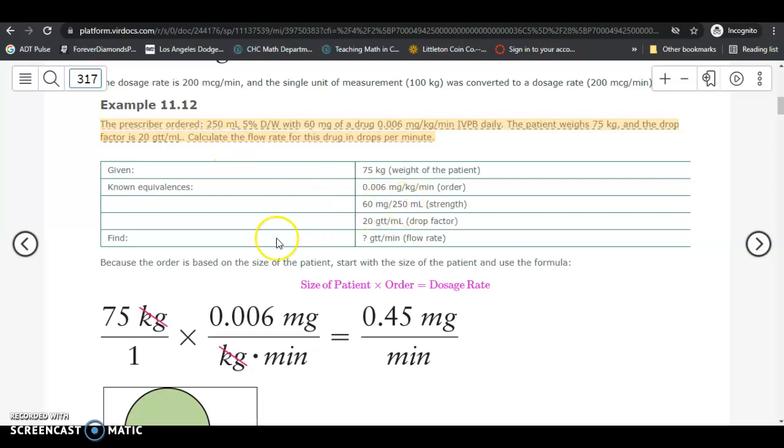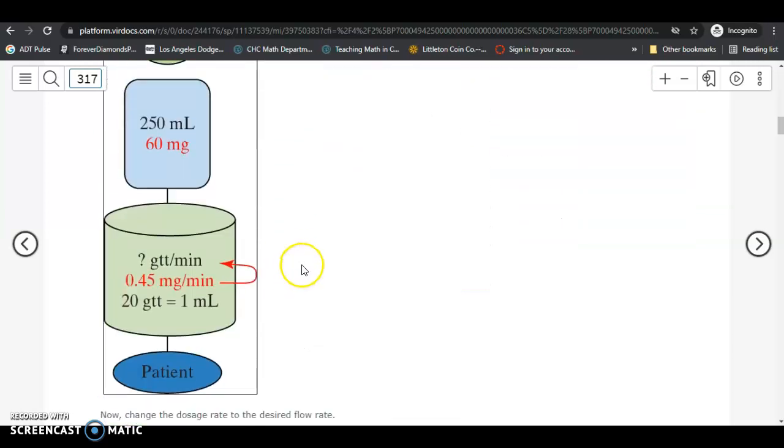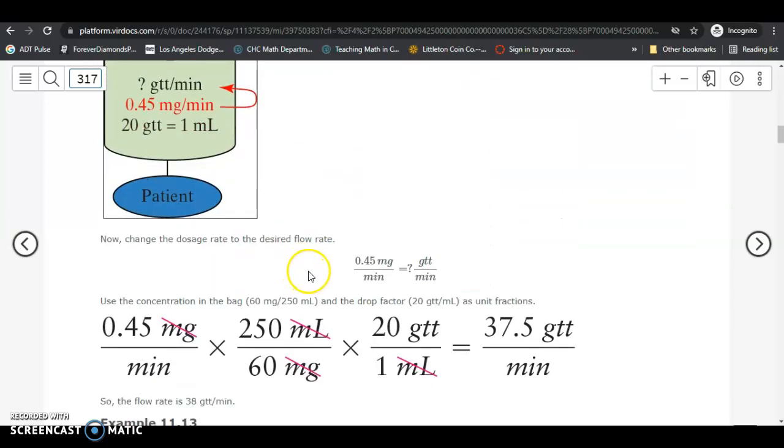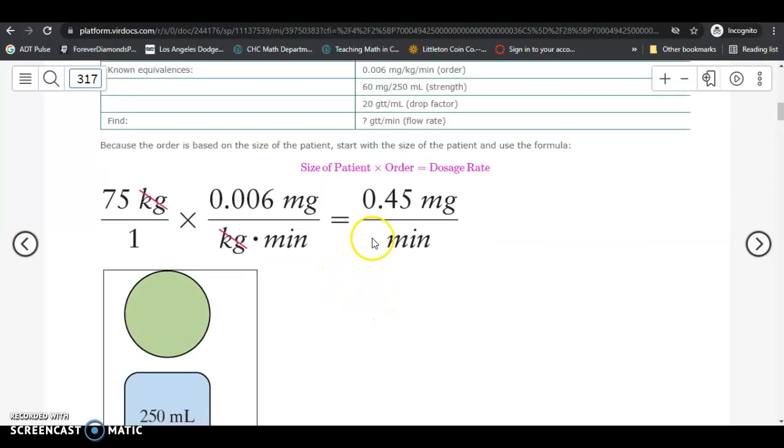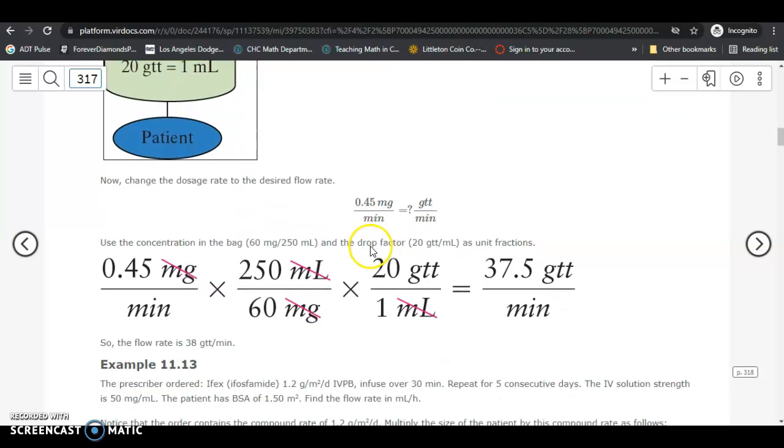I encourage you to view the solution in the book in case it was hard to follow the solution as I worked it out in the previous video. But keep in mind that the way that I worked it out is very similar, if not the same, as how the book worked it out. But it's always good to see how the book explains it, just so you understand it a little more.